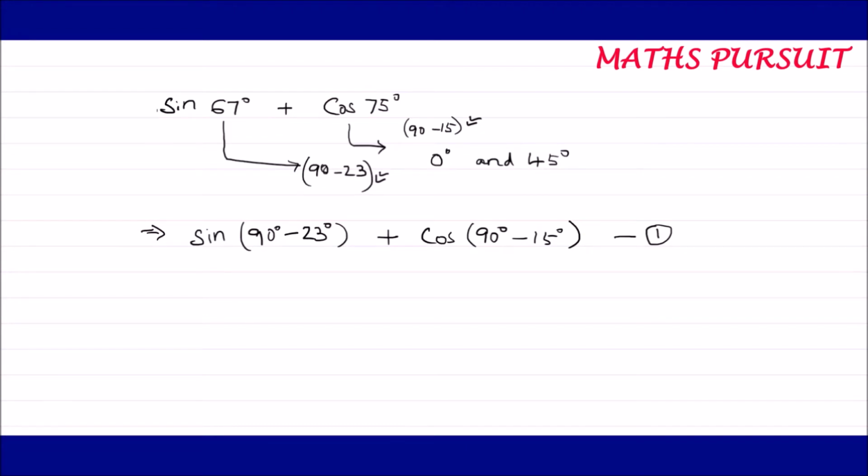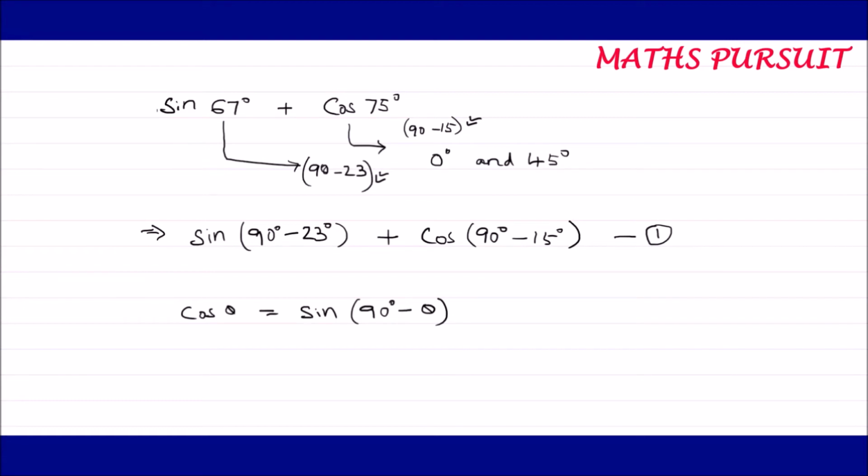So what we got: sine 67 degree as sine 90 degree minus 23 degree and cos 75 degree as cos 90 degree minus 15 degree. Guys, we very well know that cos theta is equal to sine 90 degree minus theta. This is one of the formulas.